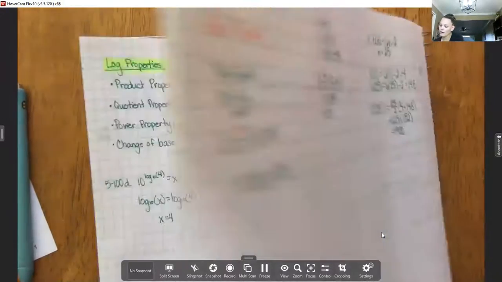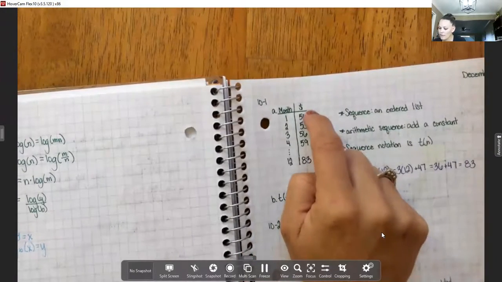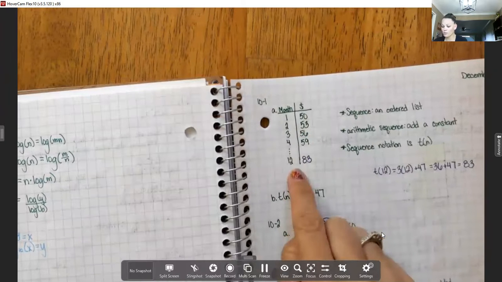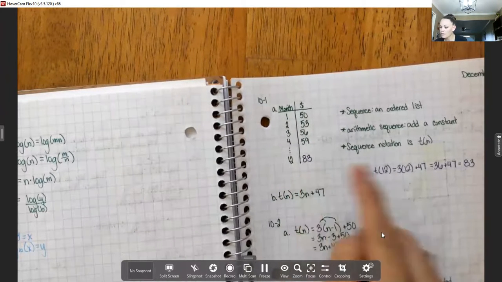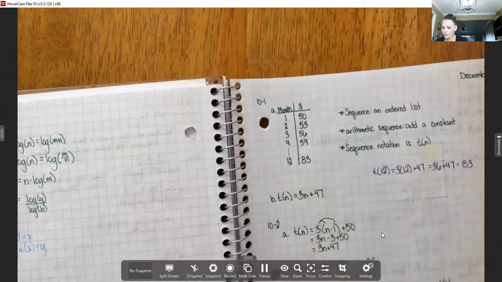And just to refresh your memory, this was problem number 1. The first month he gave her $50, then $53, then $56, then $59. On her first birthday, after 12 months, 1 year, he gave her $83. And we came up with this equation: T of n equals 3n plus 47.